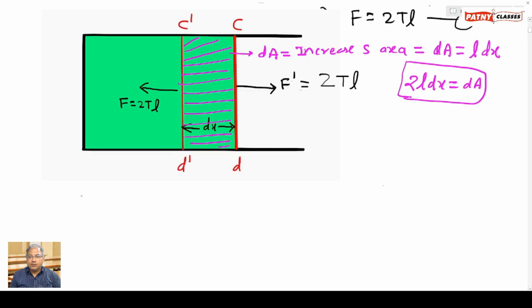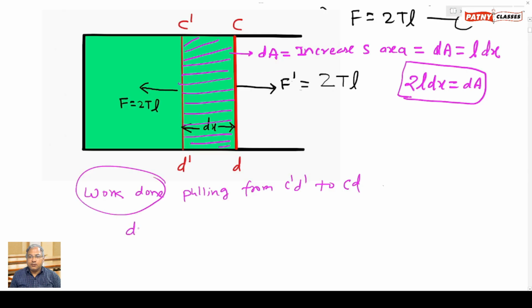As we are pulling, we are performing work. Work is done in pulling the film from C'D' to CD. Let us call this work done dW. And we know that work done is nothing but force multiplied by distance moved, that is dx.